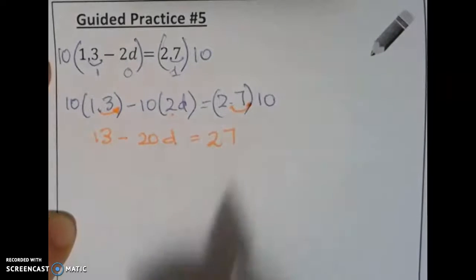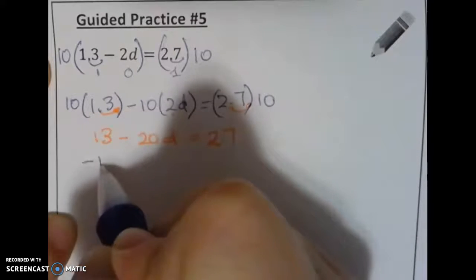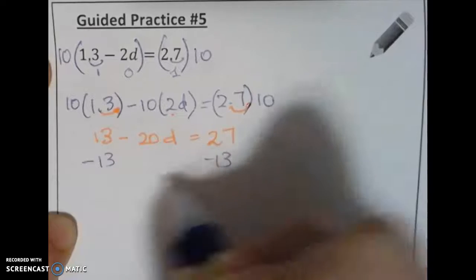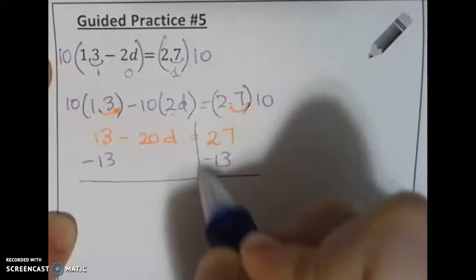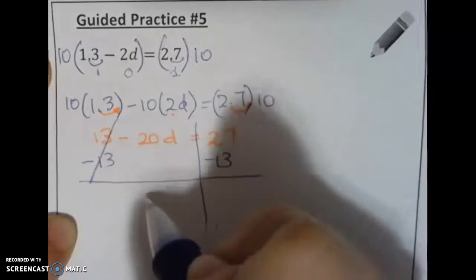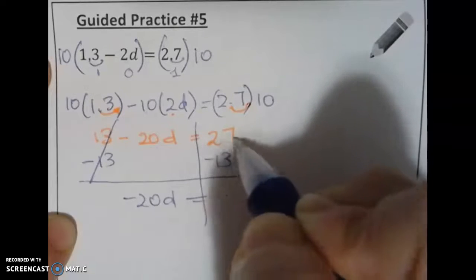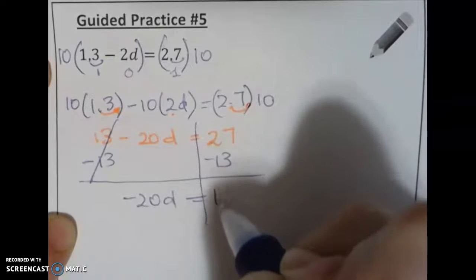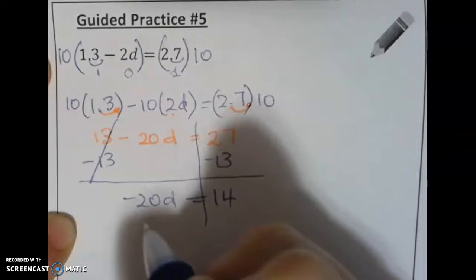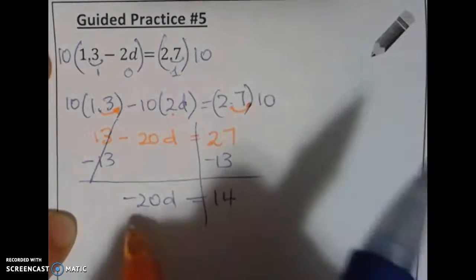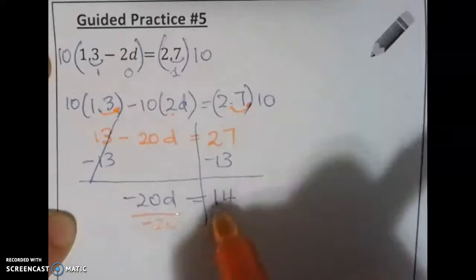Now we can subtract 13 from both sides. And that leaves us with 20d is equal to 27 minus 13, which is 14. So then we are going to divide both sides by -20.